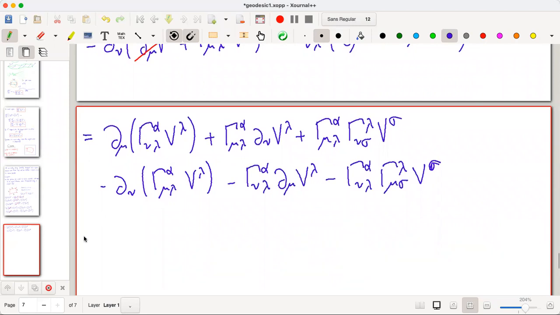Well, we can still open this expression. So this one becomes partial mu gamma alpha nu lambda, so this like this, right?